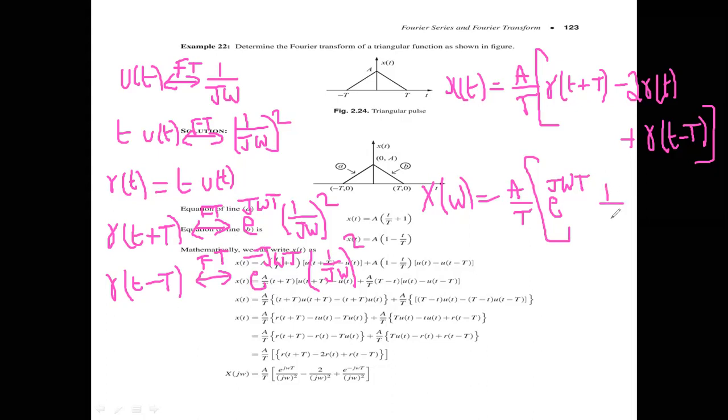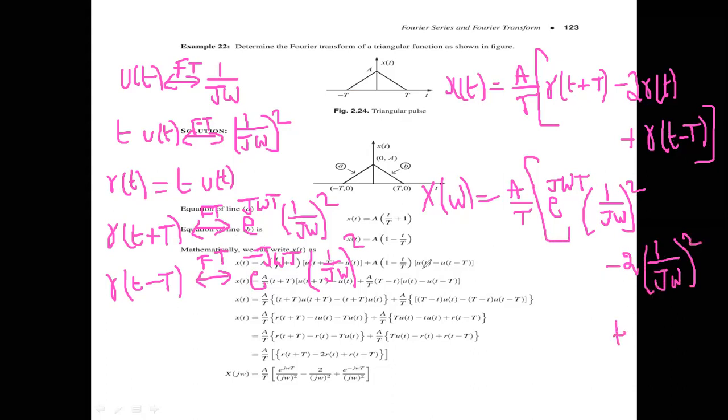Then t into mu of t, nothing but r of t, has Fourier transformation 1 by j omega whole square. Minus, if the 2 is there, the Fourier transformation of r of t, which is t into mu of t, is 1 by j omega whole square.